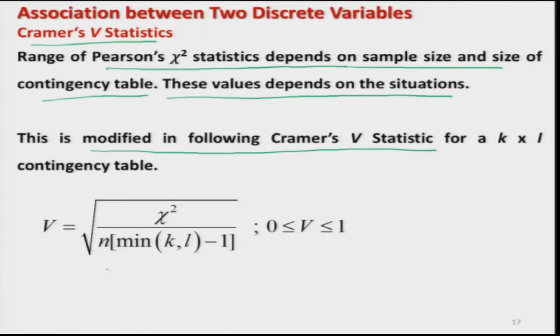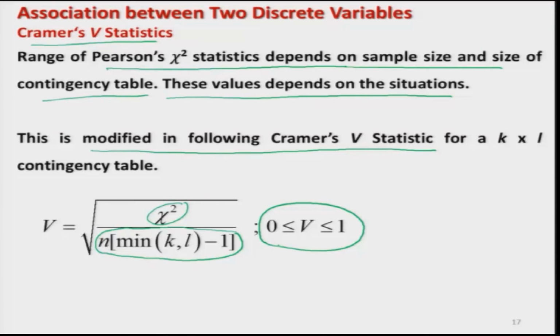And this was defined as the square root of the chi-square value which we have just obtained, divided by the limit of this chi-square statistic, n into minimum of K, L minus 1. And the advantage of this V statistic was that it lies between 0 and 1.